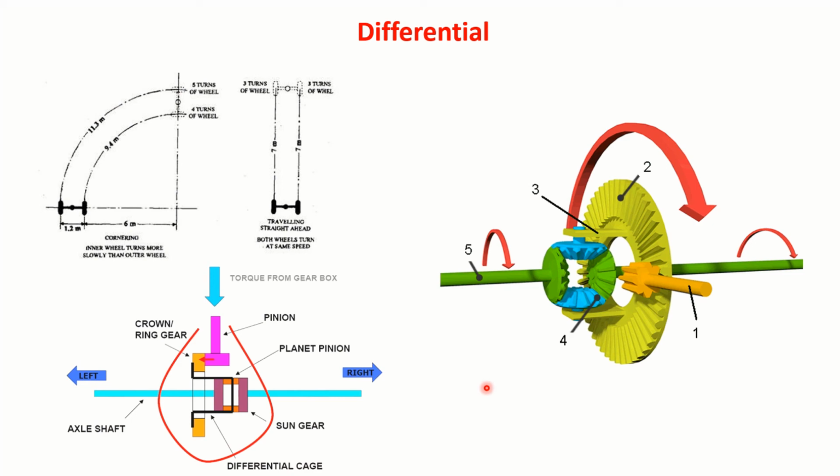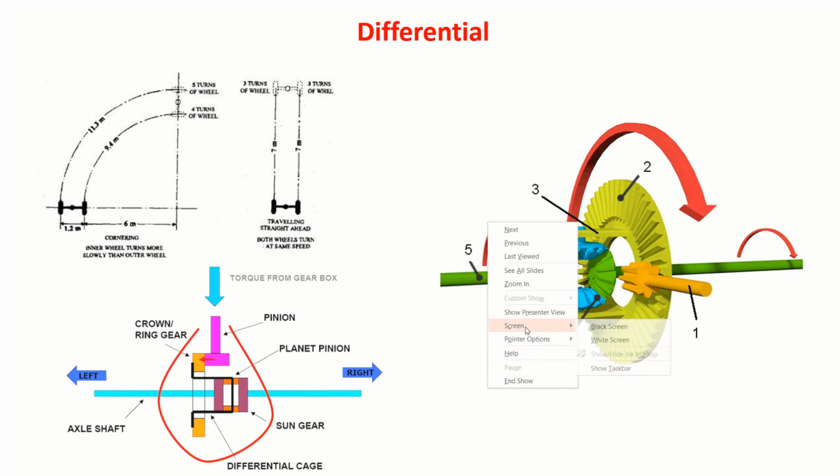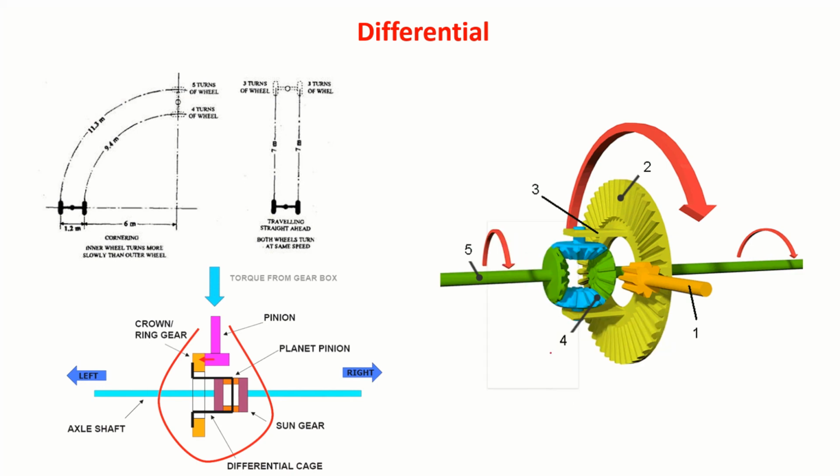In this differential, one thing you can see here: power is nothing but 2 pi N T, where T is the torque. Torque remains the same.